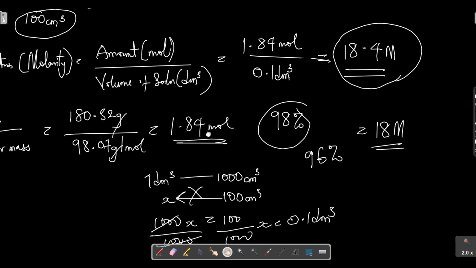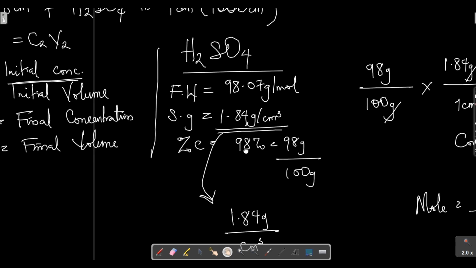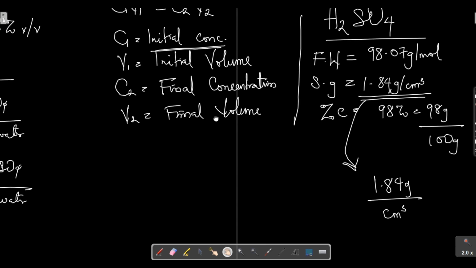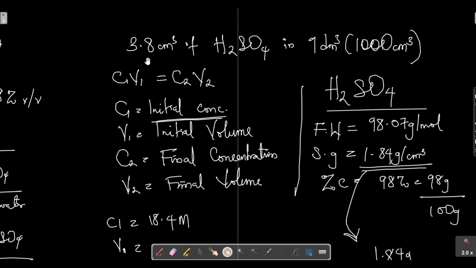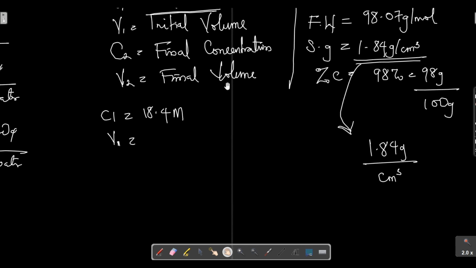So our initial concentration, as we've just calculated here, which is C1, is 18.4 moles, and for our initial volume, take note of what we were asked to prepare. They said 3.8 cm cube of sulfuric acid in 1 dm cube. So our initial volume, V1, is the volume we want to measure out from the stock solution.